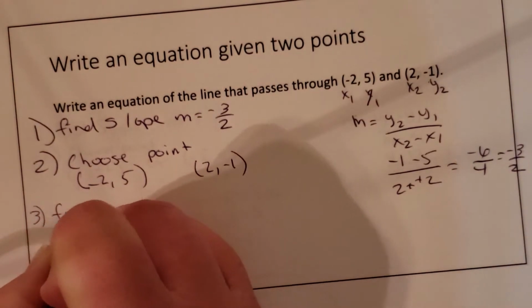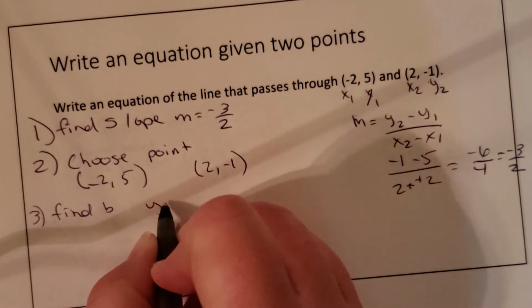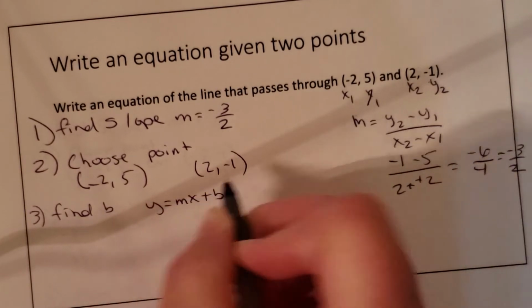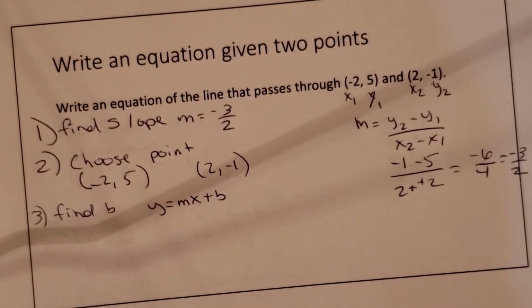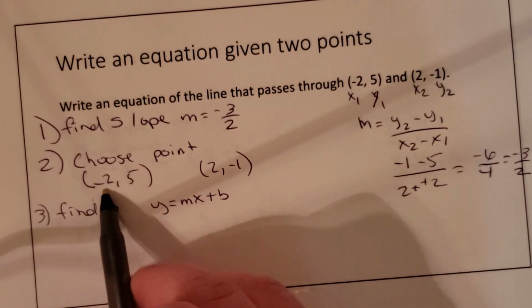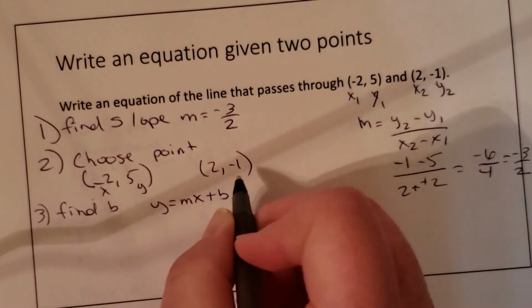Step 3, find b. And you do that by using y equals mx plus b. Okay? So plug in what you know. If I choose this point, then this is x, this is y.